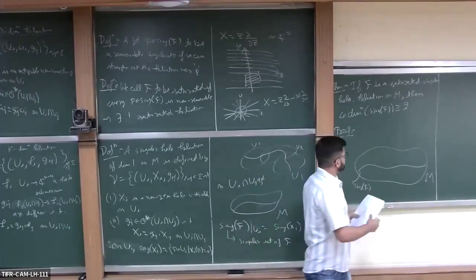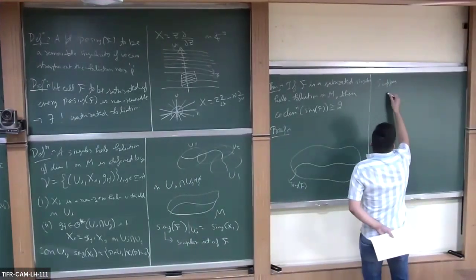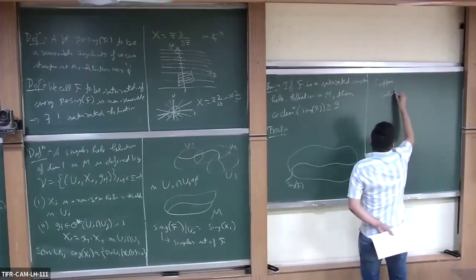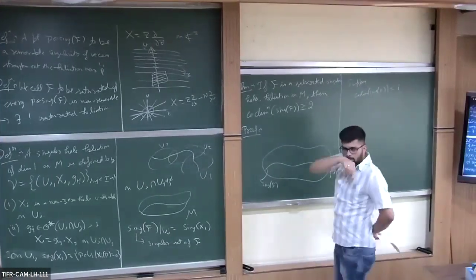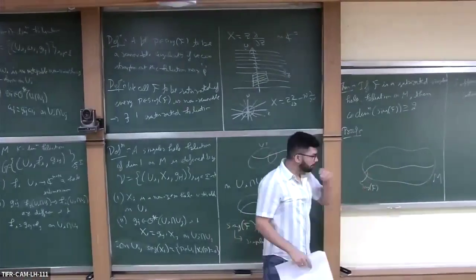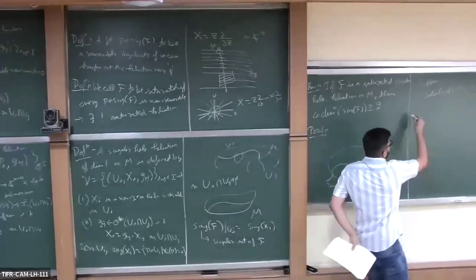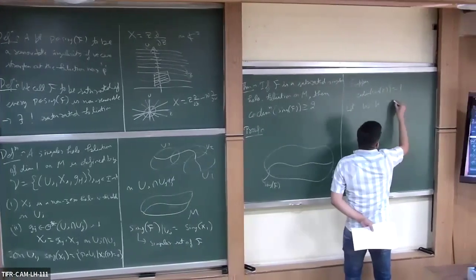Suppose the singular set of this foliation has codimension 1. Suppose we have components of codimension 1, and let Q be one such component.